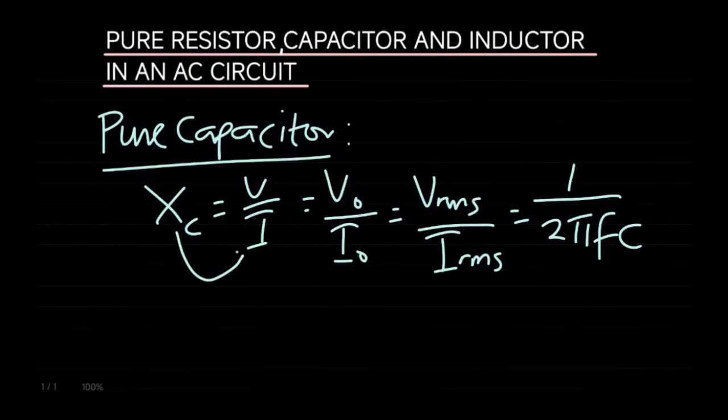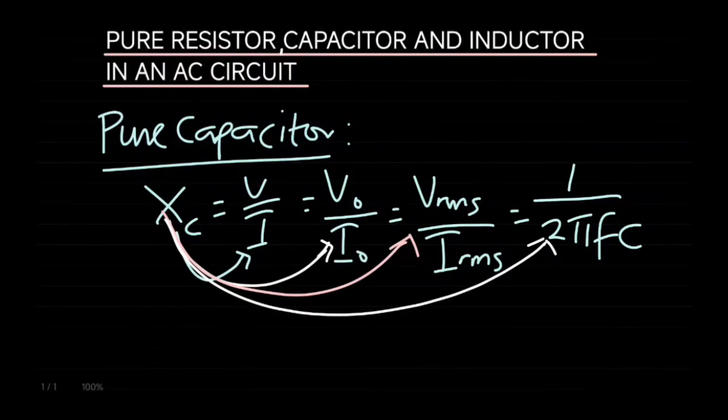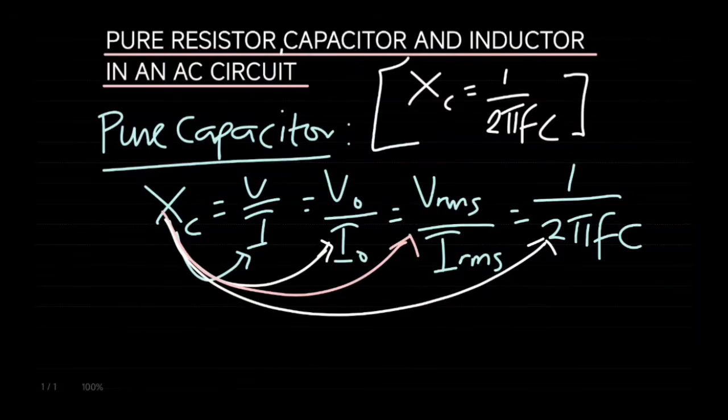So therefore, we can say Xc is equal to 1 all over 2 pi Fc. You just use this formula for solving problems.